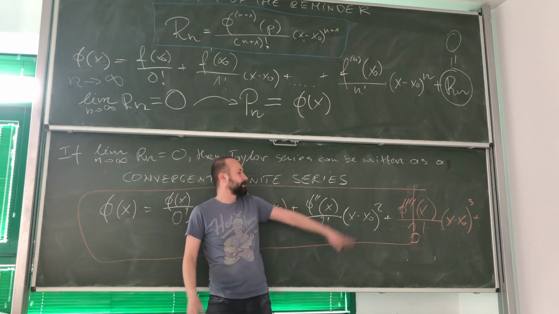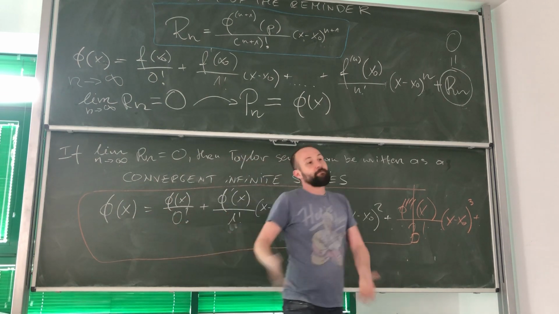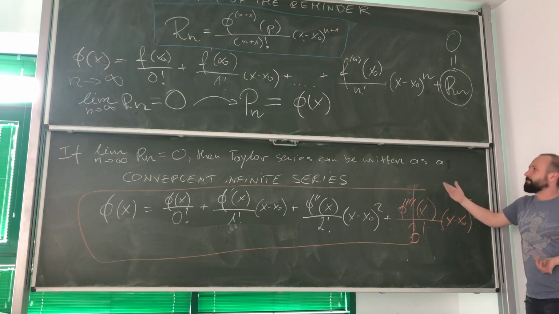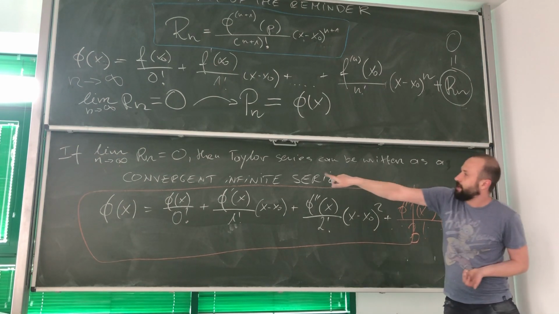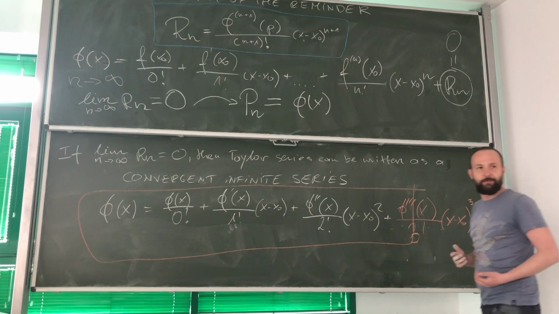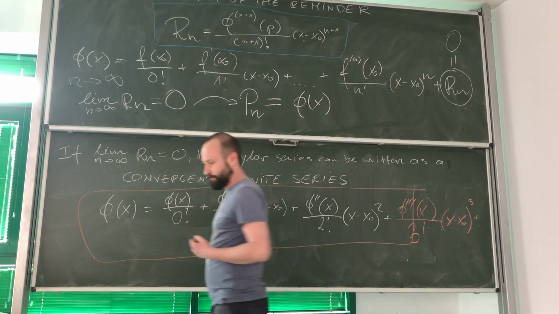How many elements? A lot, infinite. However, those elements, assuming that the limit of the remainder is 0, will be getting smaller and smaller, so if we have enough elements, they go to 0.